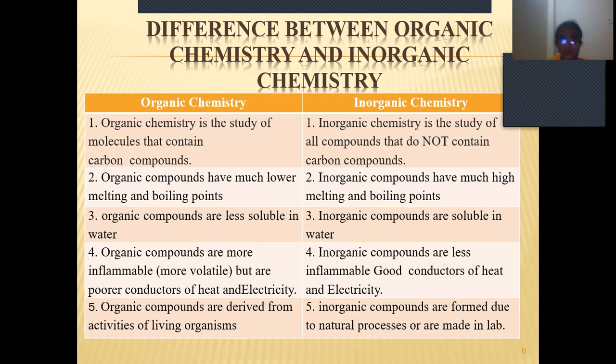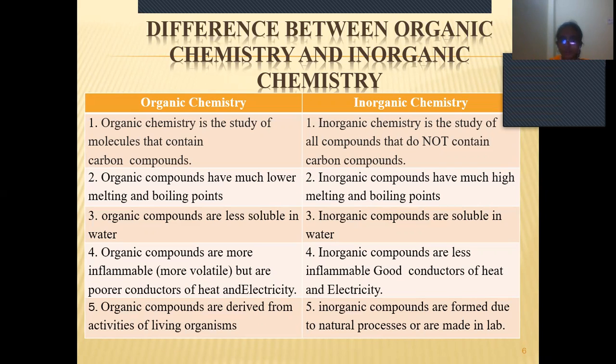Organic compounds are less soluble in water, and inorganic compounds are more soluble in water. Organic compounds are more inflammable but poor conductors of heat and electricity, but inorganic compounds are less inflammable but good conductors of heat and electricity.